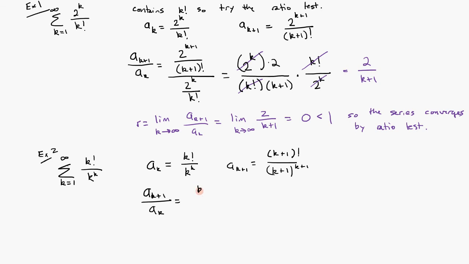So this would be k plus 1 factorial over k plus 1 to the k plus 1, and then this whole thing over k factorial over k to the k. Let's rewrite this fraction using the various formulas again. This part here can be written as k factorial times k plus 1.